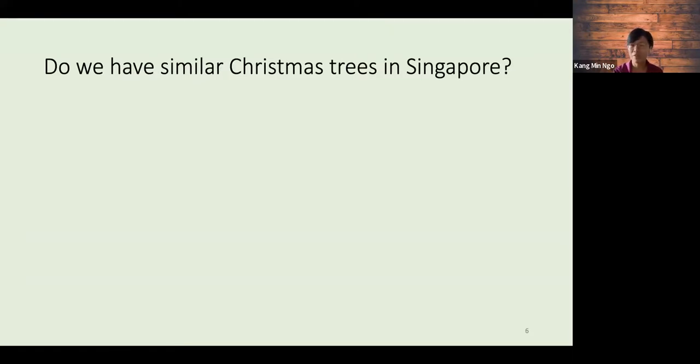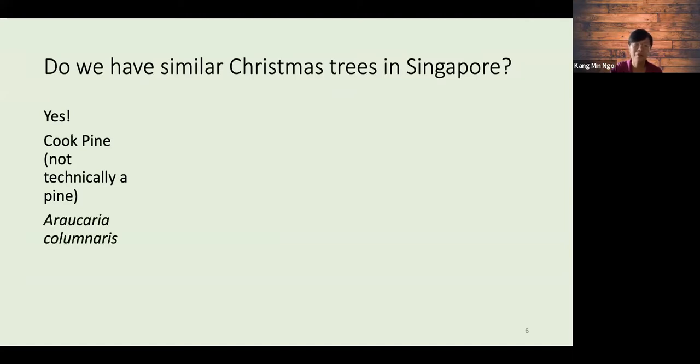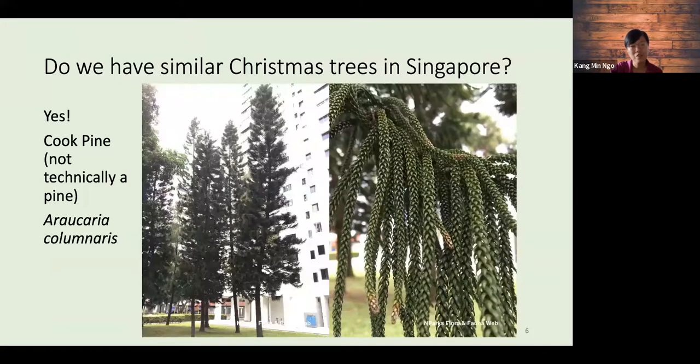So actually, do we have similar Christmas trees in Singapore? And the answer is yes, we do. One prominent example is the cook pine, but this is actually not a pine. This is the scientific name, and you actually see them around in Singapore, especially in some HDB estates.